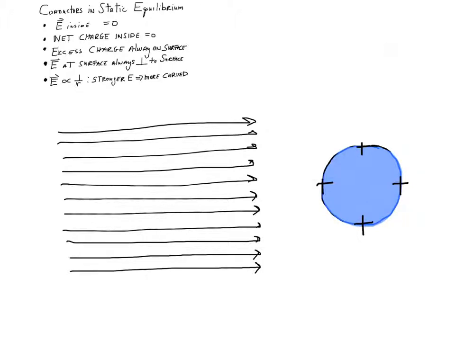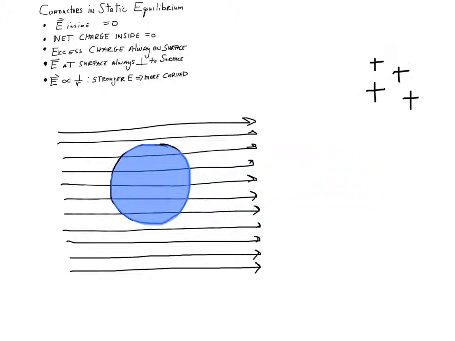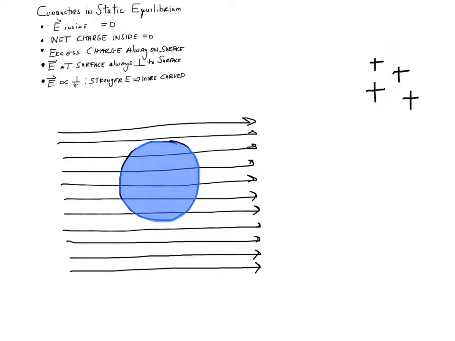Okay, now let's try something different. Let me remove these excess charges and take our conducting sphere and put it into a field. So when I put it in, the field lines go through, and so we violated this equilibrium condition.